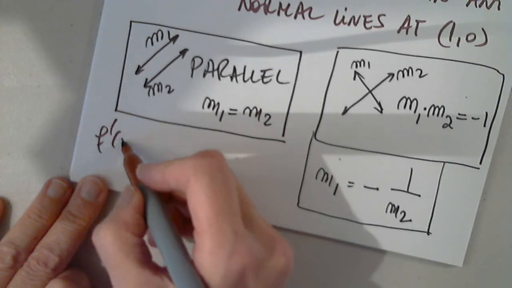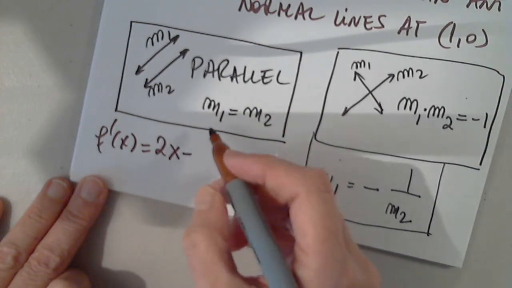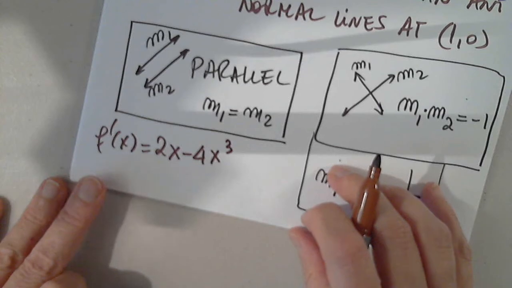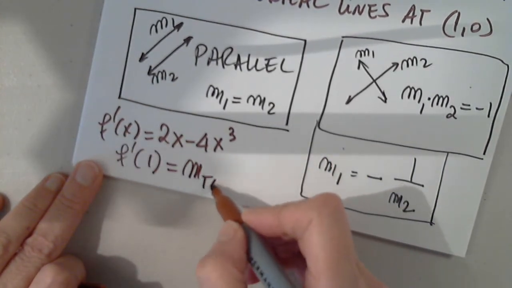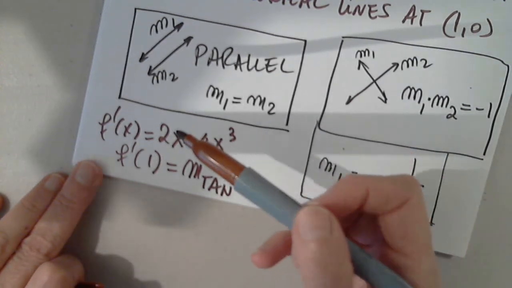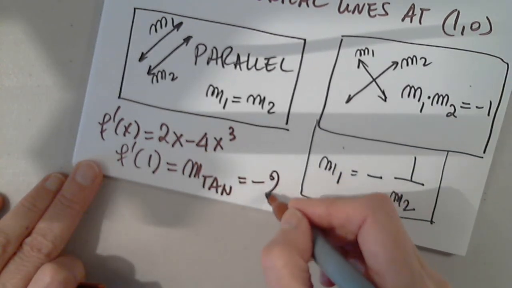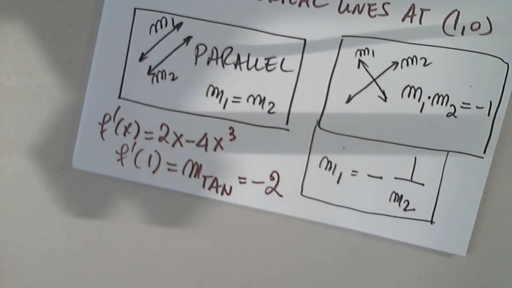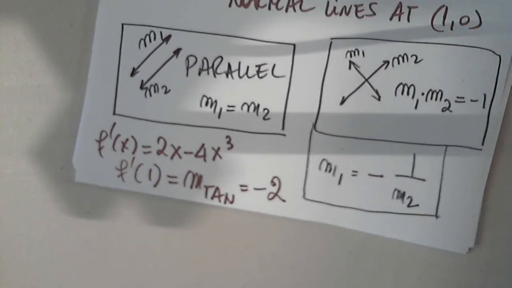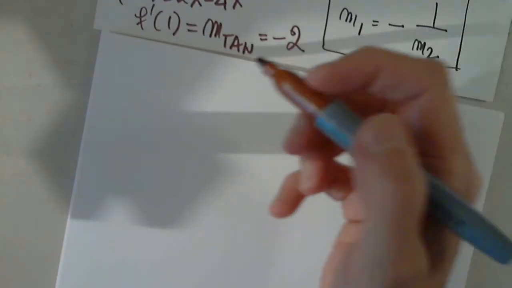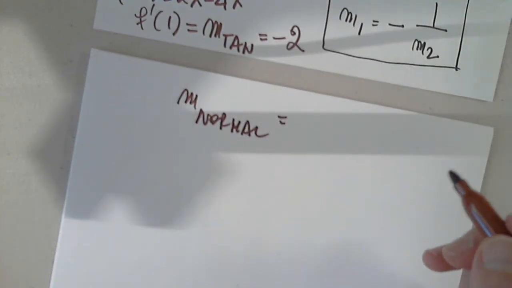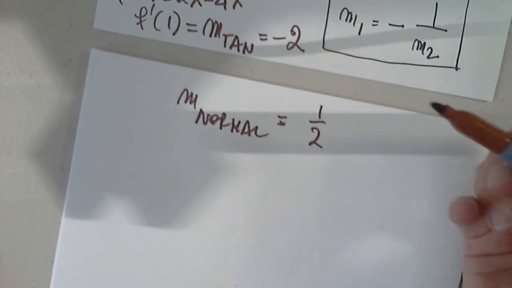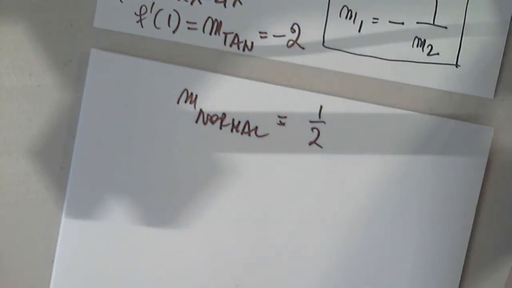So then f prime of x is 2x minus 4x cubed, and f prime of 1 is the slope of the tangent, which is 2 minus 4, which is negative 2. If one slope is negative 2, then what is the slope of the other one? So the slope of the normal must be 1/2. Why? Because only negative 2 times 1/2 is negative 1.